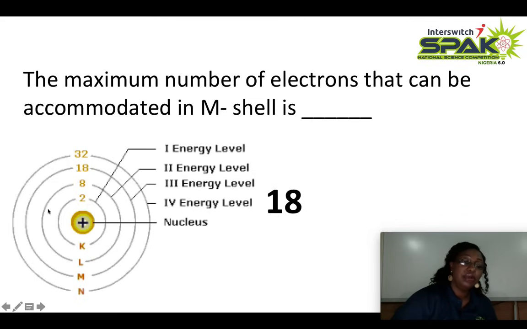The next shell, which is the L shell, can take 8. The next shell is the M shell that can take 18, and N can take 32. So we have the first energy level, the second, the third, and the fourth energy level. So you can see M occupies 18 electrons.